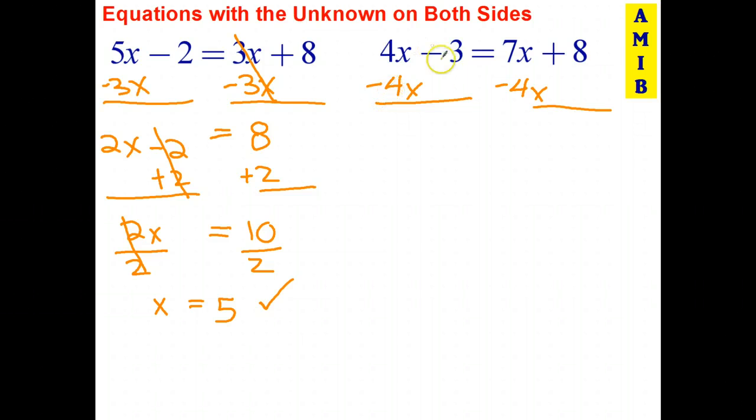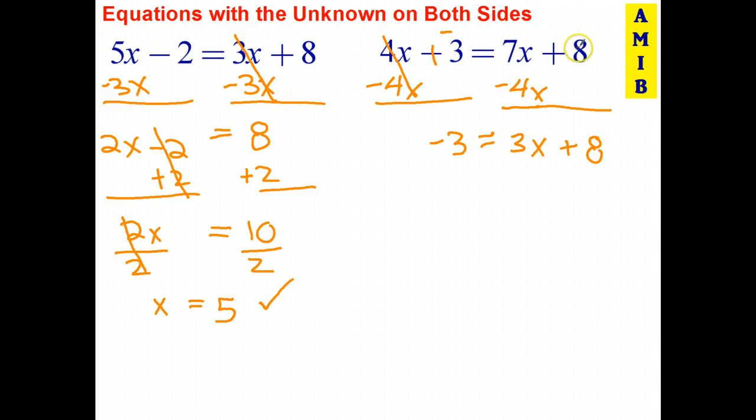Now, if I'm going to do that, I end up with this subtract 3. So I prefer, as I've done in past videos, every time I see a subtraction, to change it to add the negative. Those cross out, and that leaves me with negative 3 equals 7x take 4x is 3x plus 8.